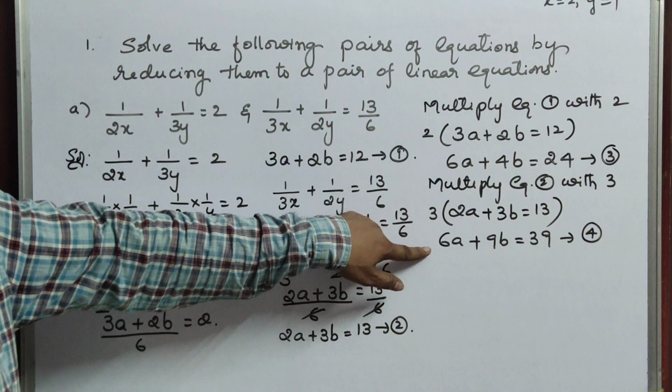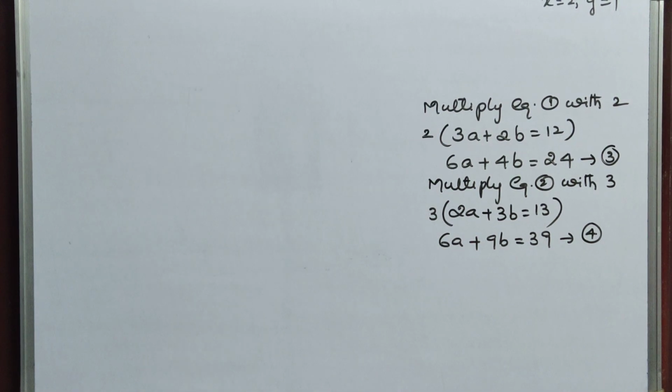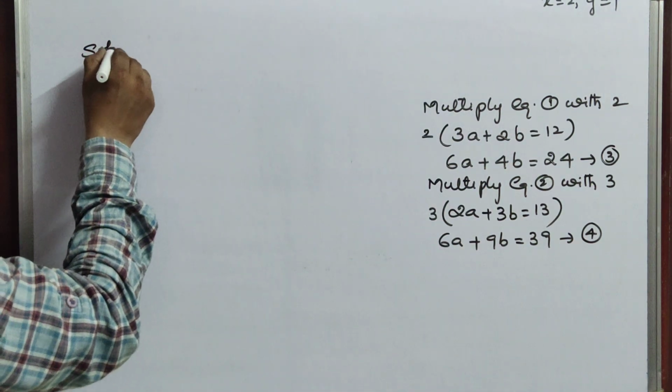Now what happened? Here 6a and here 6a, both are equal. Now what to do? Solving equation 3 and 4.